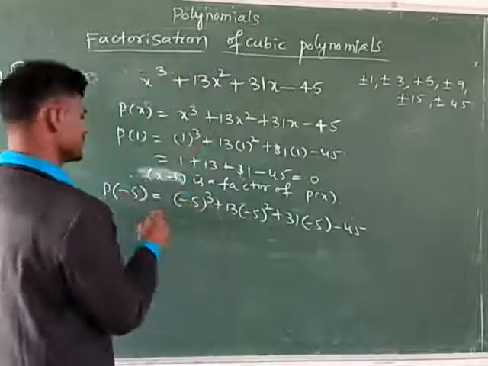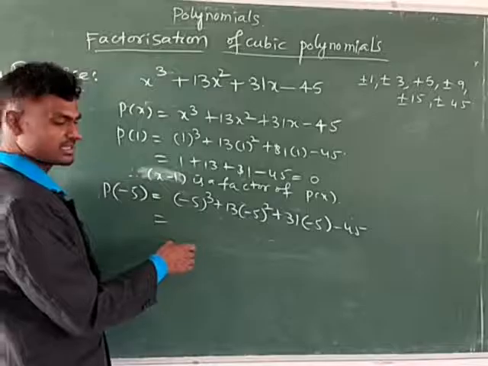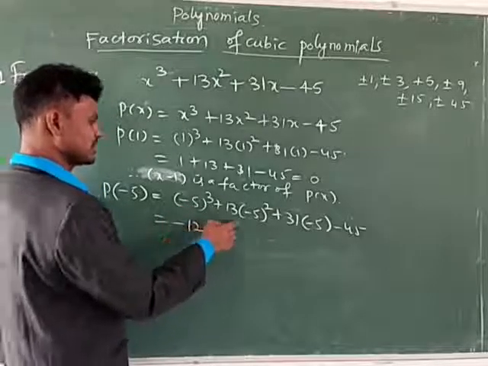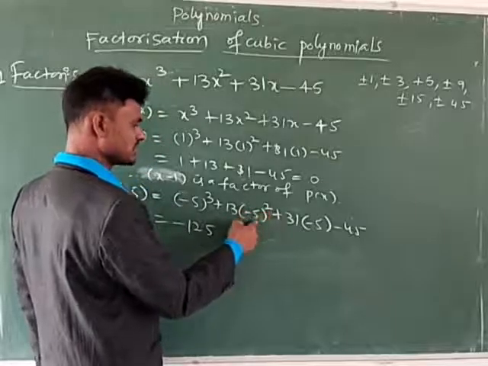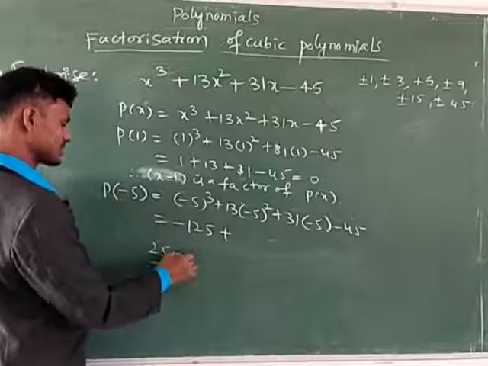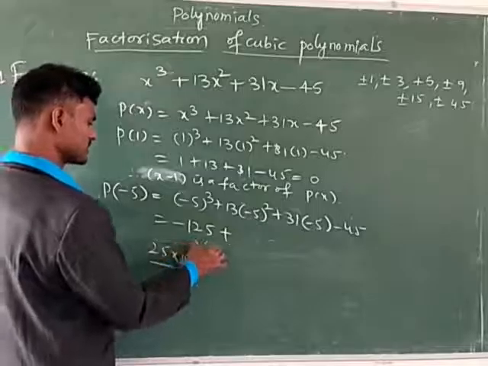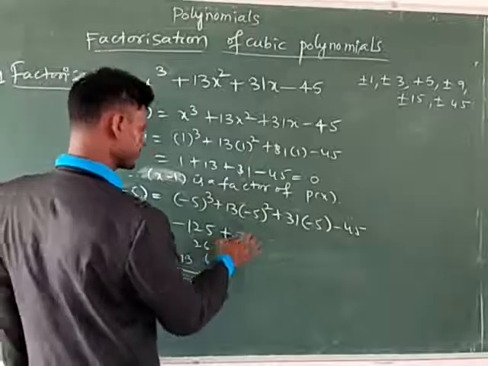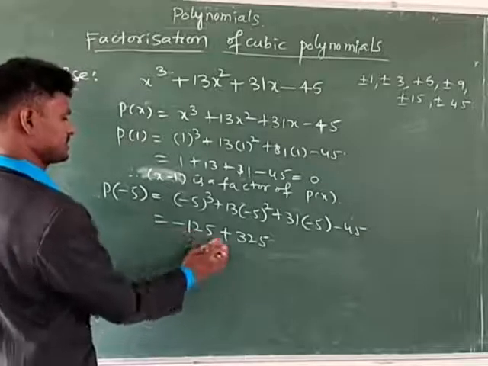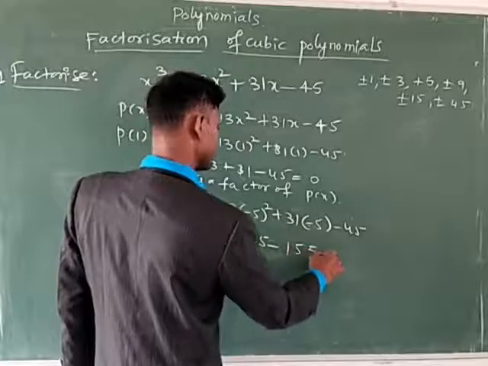Now see here, 5 cube is 5 into 5 into 5. 5 fives are 25, 25 into 5 is 125, so minus 125, because an odd power gives minus and an even power gives plus. Next, 5 square is 25, 25 into 13 is 325. Then 31 into minus 5 is minus 155, minus 45.